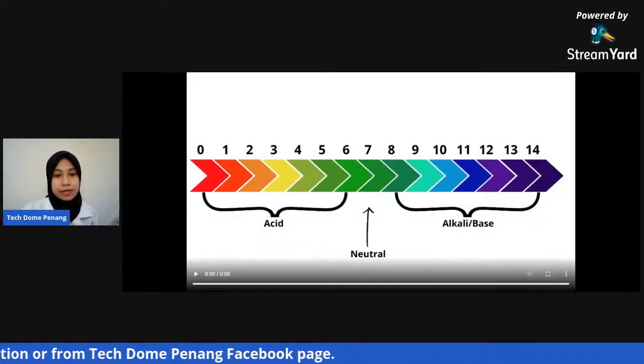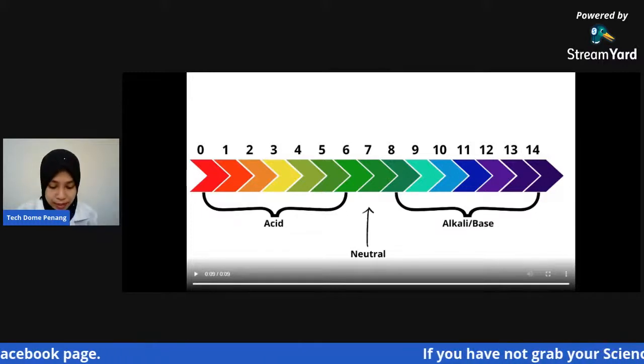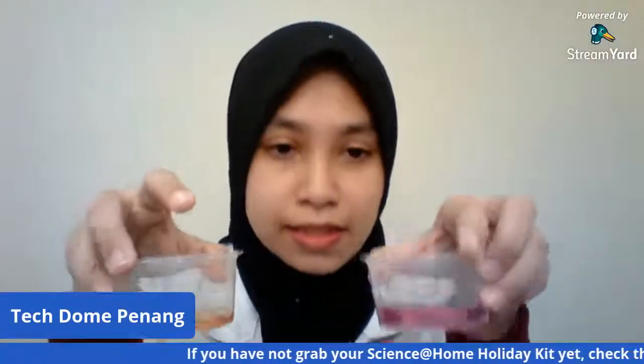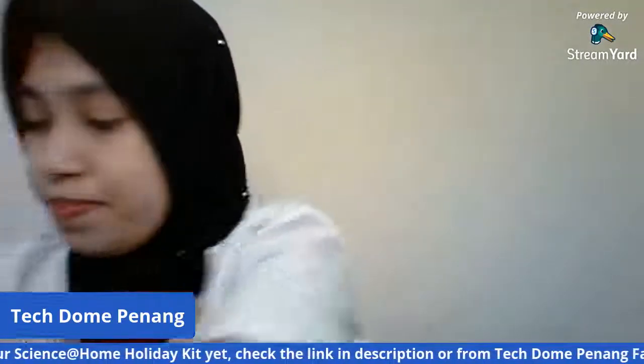So it will turn red, pink, orange like that. So they are acidic. Citric acid, as the name says, is acid already, so it is acidic. Then we will do the next one.